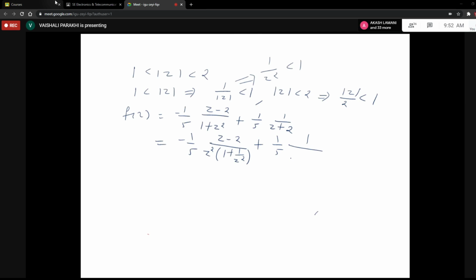See, you want z by 2, right? Z by 2 is less than 1. So you have to convert it in the form of z by 2, and for that purpose you have to multiply and divide by 2. So you will get 2 by 2 is 1 and this will be z by 2.